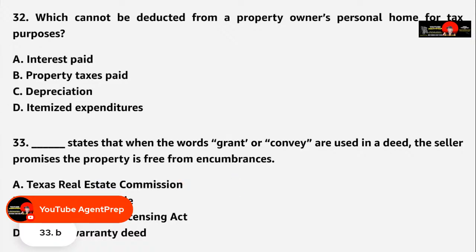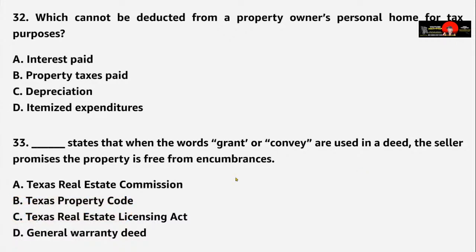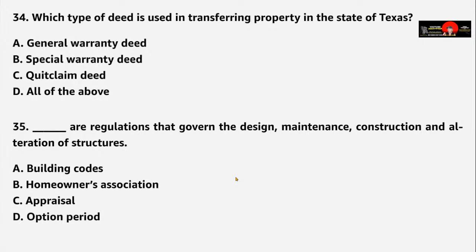It is the Texas Property Code that states that. Yeah, that one's a little tricky and confusing, because the quick answer, just like all of you answered, is general warranty deed. That's what the general warranty deed says. Yes, but what allows those words to be in the general warranty deed?